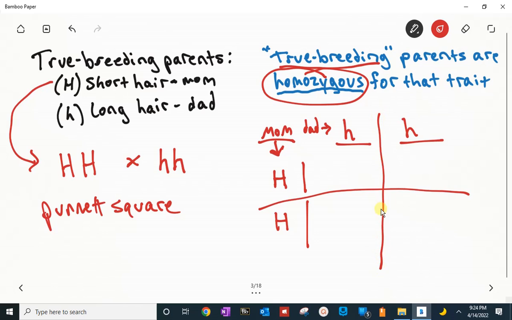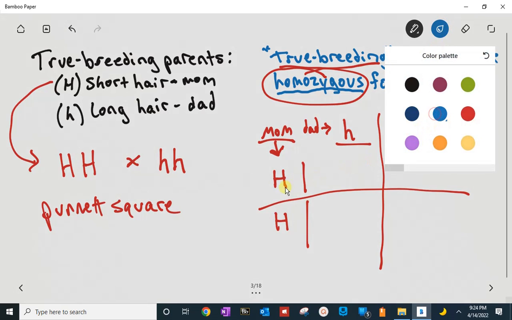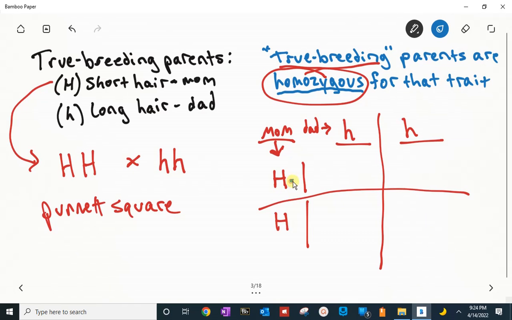And we're going to make a little tic-tac-toe board kind of thing. And we're just going to carry this across the mom's trait, capital H. That's going to be one of the alleles in the new genotype. So you just carry that forward in both of these squares.